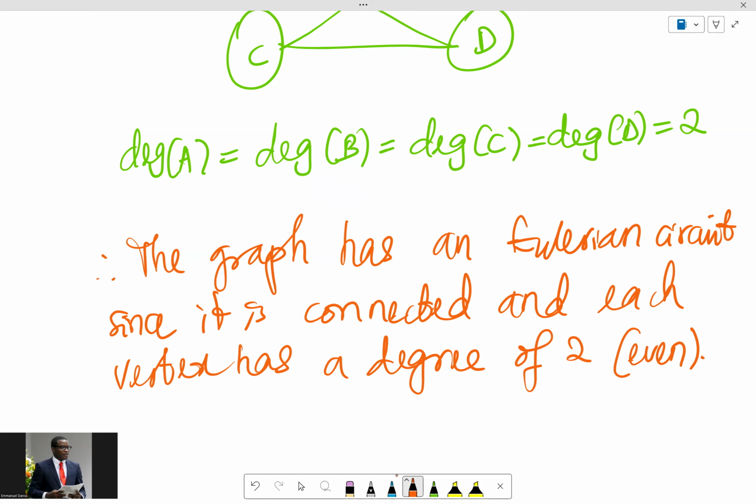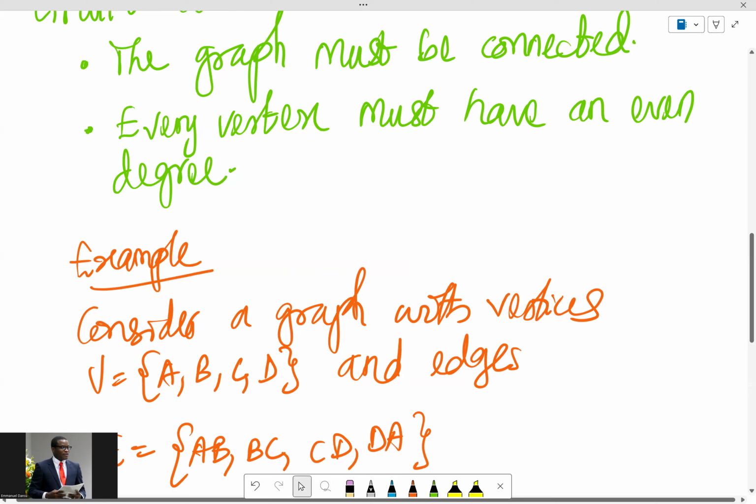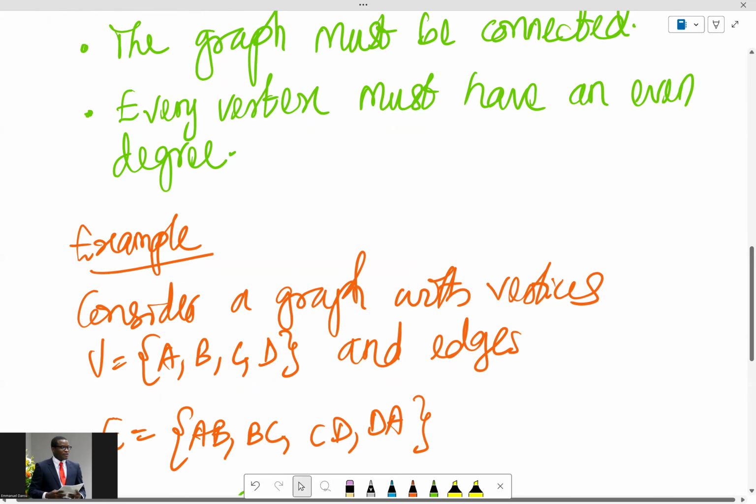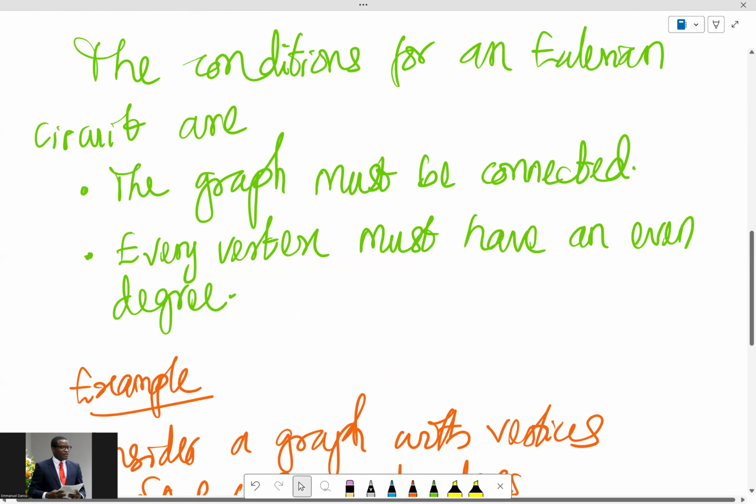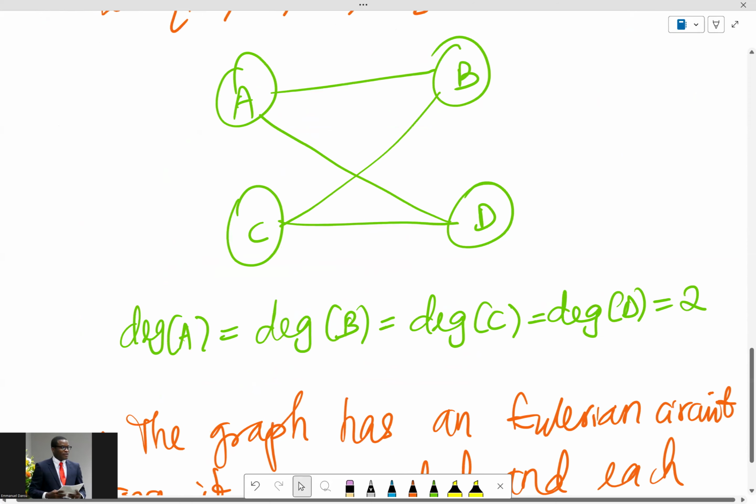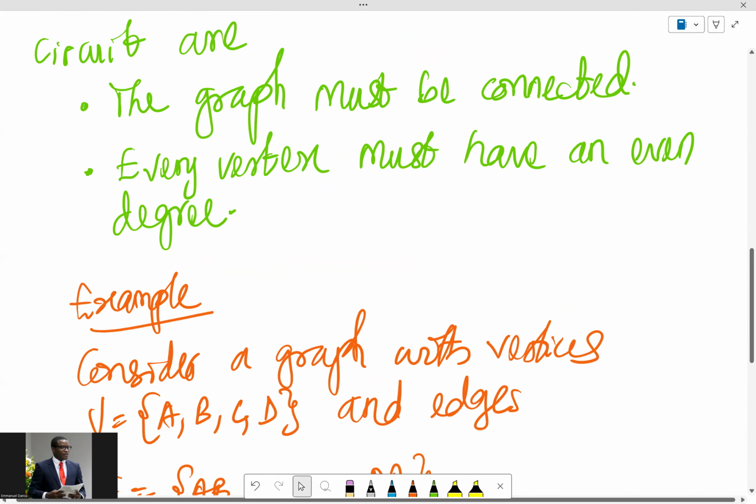So two conditions: the graph is connected, and each vertex must have an even degree. That makes it an Eulerian circuit. This is a very perfect example of an Eulerian circuit.